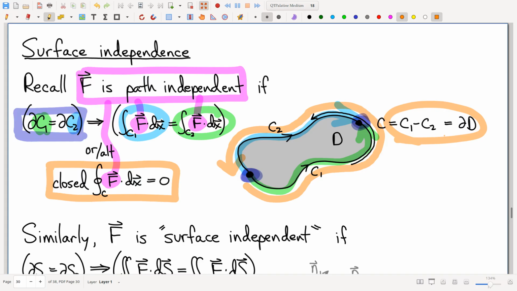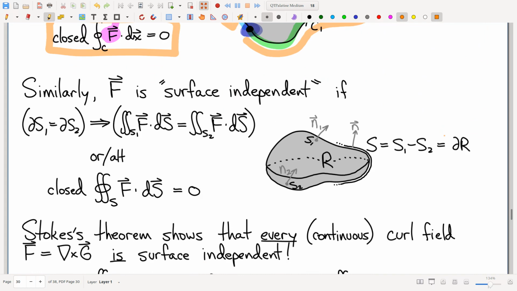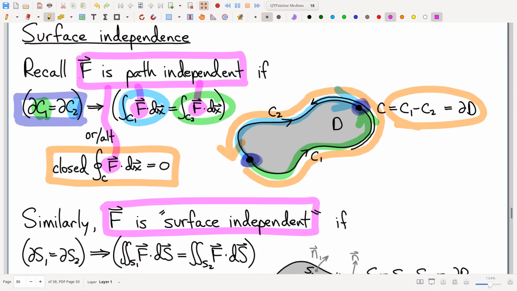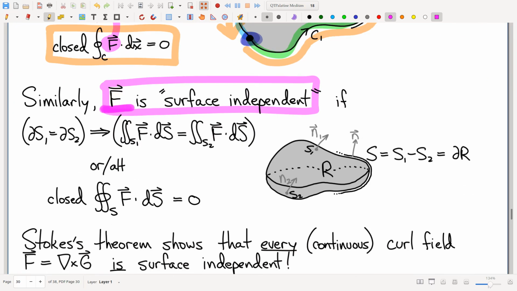Okay, so something totally analogous works for surfaces. So we're going to talk about what it means for a vector field to be surface independent. And by the way, in the same way that path independence is a property of the vector field, likewise, surface independence is a property of the vector field specifically. It's about the vector field.